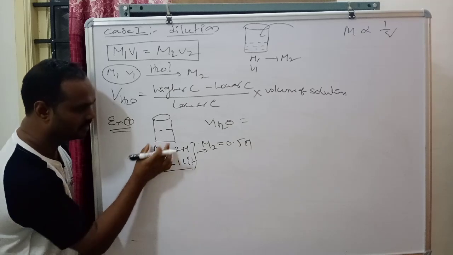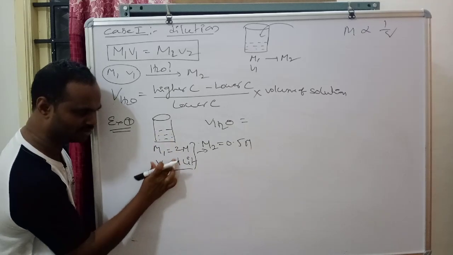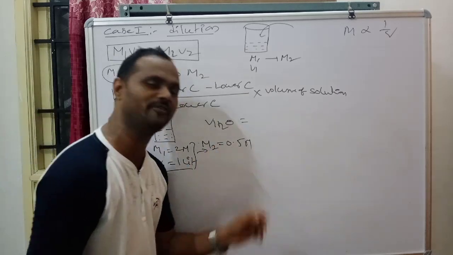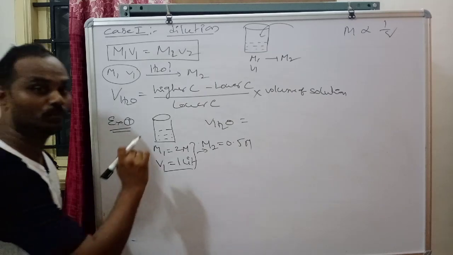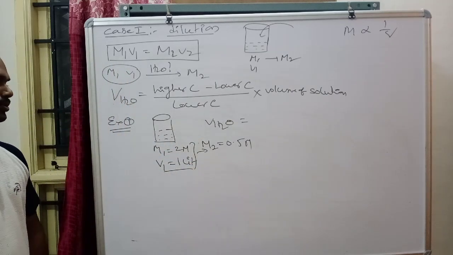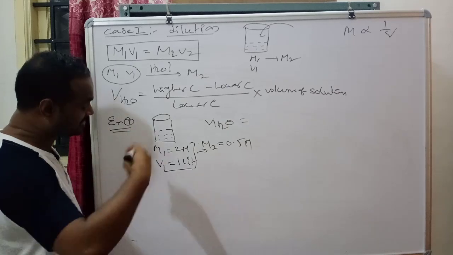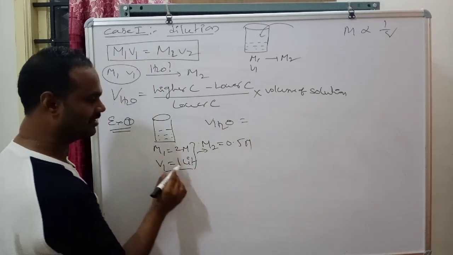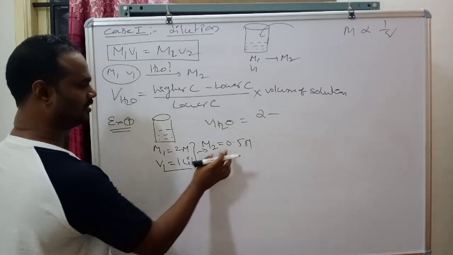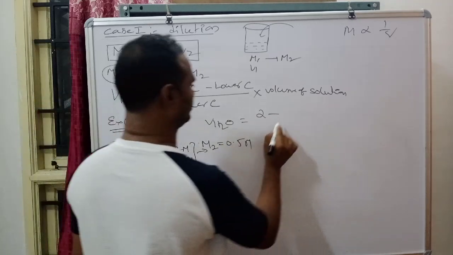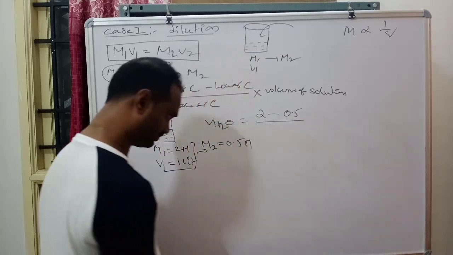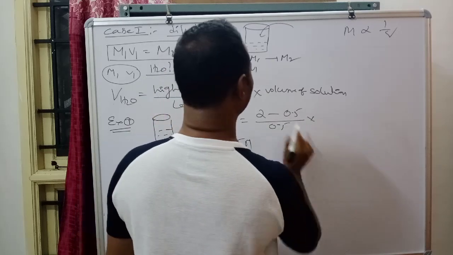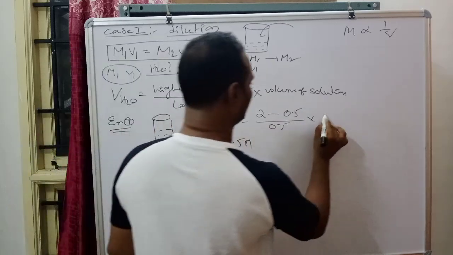Once again the question: some solution we have taken, 1 liter of solution with molarity 2 M. On dilution we want to convert it into a 0.5 M solution. To convert into 0.5 M, what do we have to do? To calculate how much extra water we add: higher concentration, the initial 2 M, minus final lower concentration 0.5 M, divided by the lower concentration 0.5, into the volume of solution, which is 1 liter.